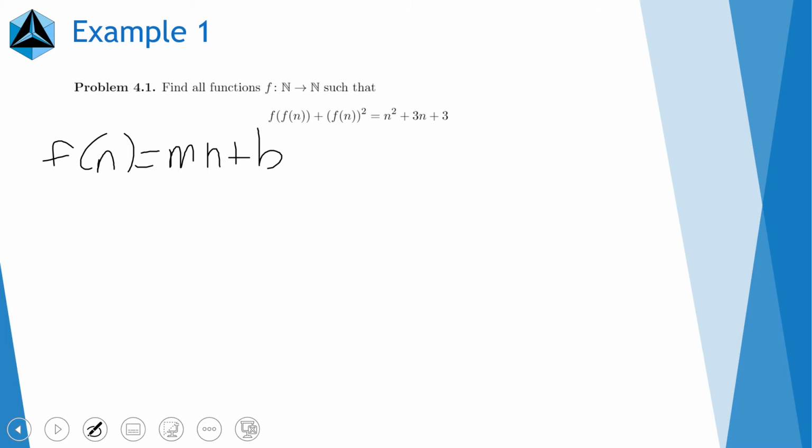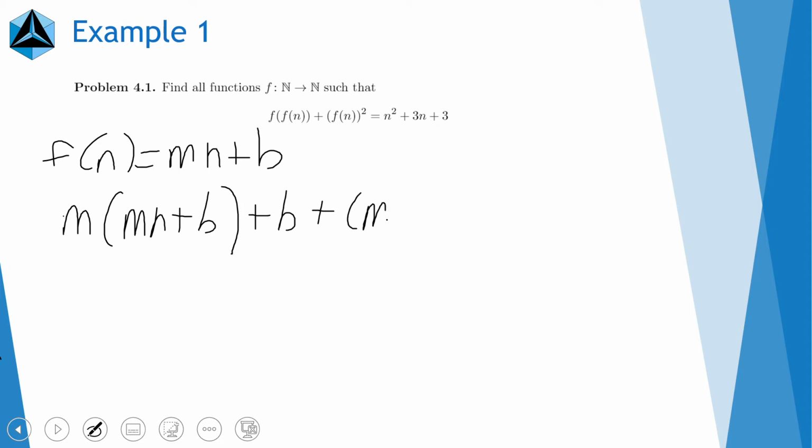So by plugging it in, we get m times mn plus b plus mn plus b squared is equal to n squared plus 3n plus 3. See that? We just straight plugged it in.